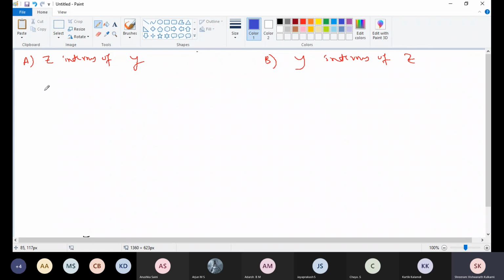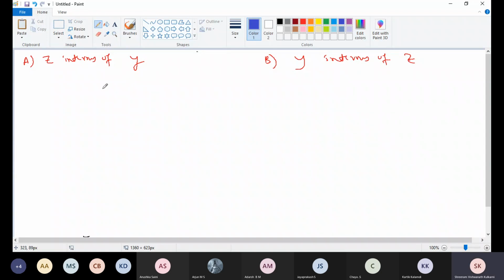Here, for Z in terms of Y, first we write linear equations for V1 and V2. For Y in terms of Z, first we write equations for I1 and I2, then convert that into V1, V2.